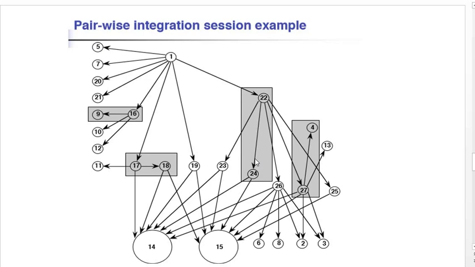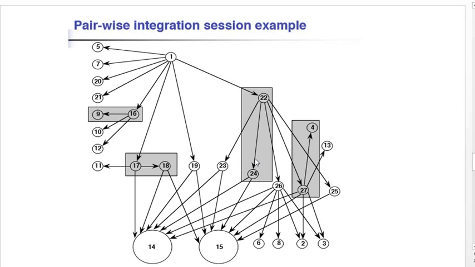Between every pair of vertices we need to apply pairwise integration, so the number of pairwise integration tests will be equal to the number of edges in the call graph. When the number of integration test cases is equivalent to the number of edges, the testing effort will increase.